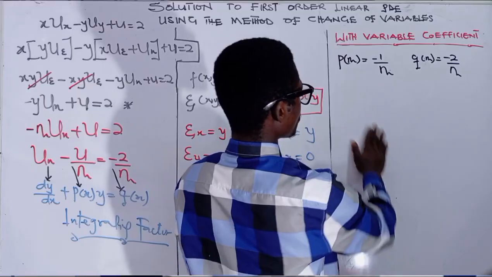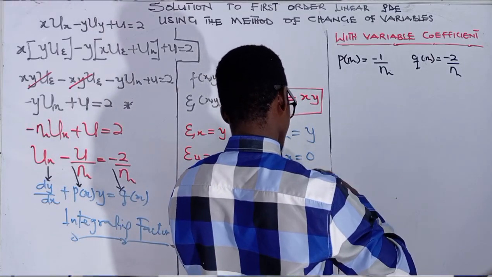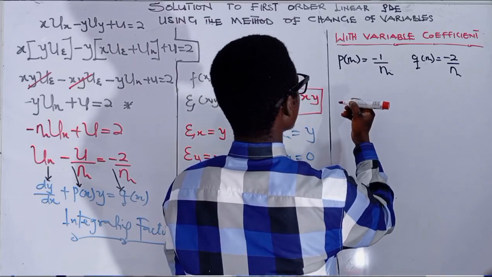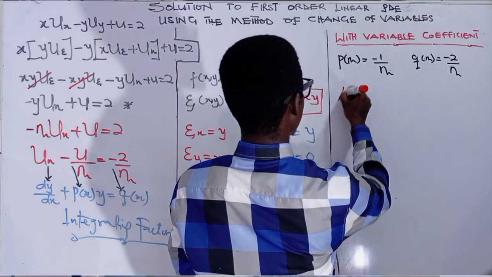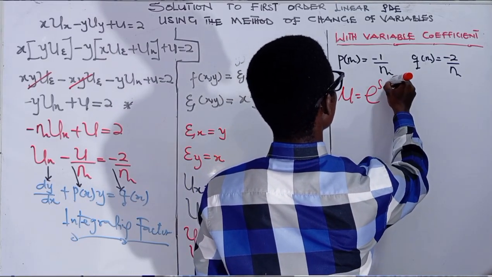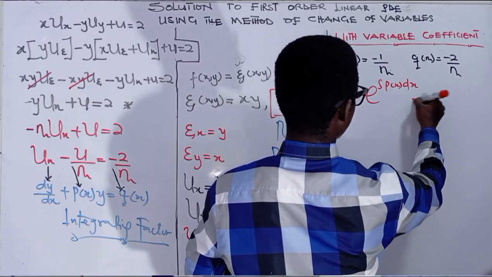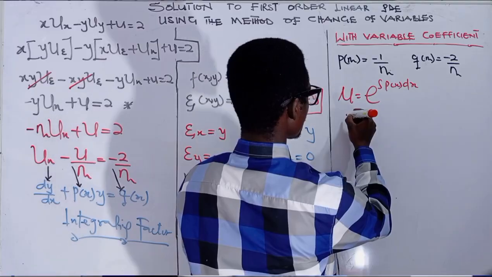Now once we have this, we find our integrating factor. So we know that the integrating factor is given as e to the integral of p of x dx. And as I said, we are using ξ and η as independent variables.